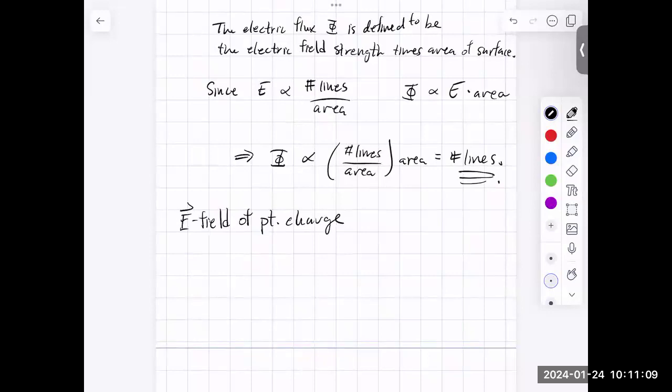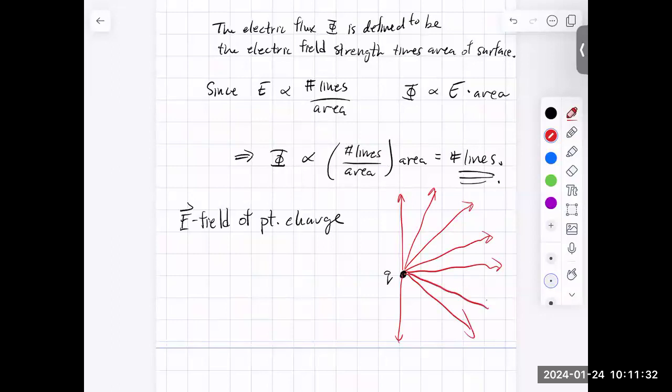Let's imagine we have point charge Q sitting over here, and I'll take it to be positive, so electric field lines will be pointing radially away from this charge. I'm going to draw quite a few of them so that we have an example with lots of lines in it.